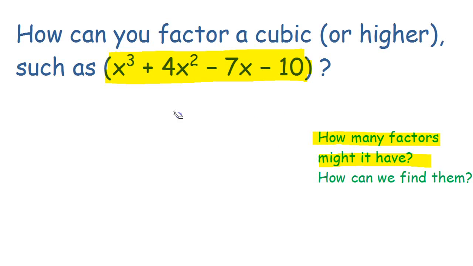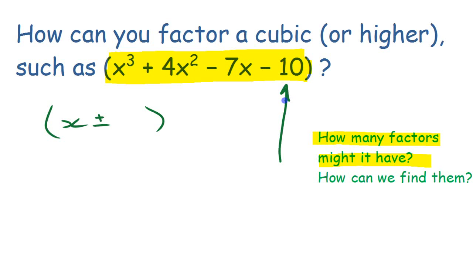We need to think about what the possible factors are. It's still going to have to do with that last number, the constant term, just like it did for quadratics. Number 1, there could be 3 factors total if it factors. And number 2, they're going to look like x plus or minus something, and the something has to do with that constant term.